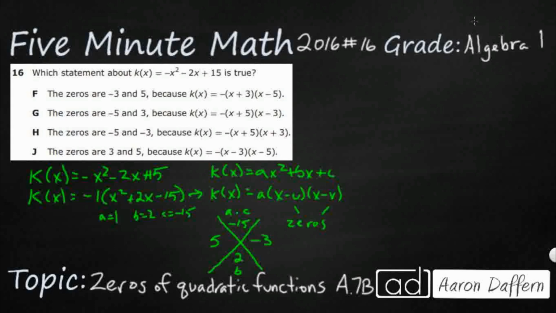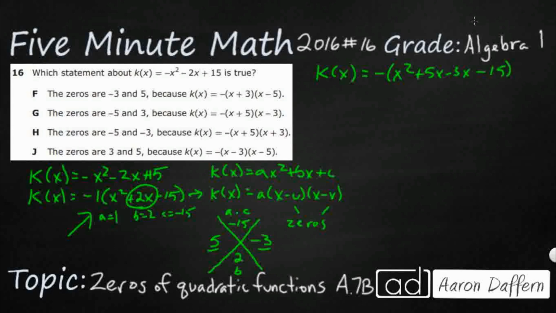So I'm going to rewrite this, leaving the negative, and say x squared, but instead of plus 2x, I'm going to do plus 5x minus 3x, which I got from right here, and then minus 15.